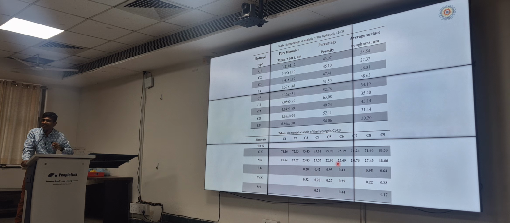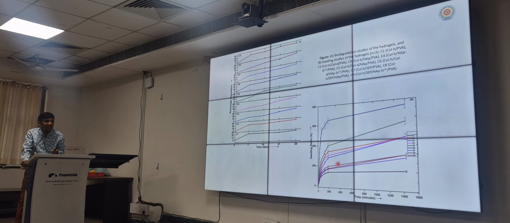Based on all this, we can shortlist only a few sample groups to proceed further with animal cell culture or biodegradability tests. Here we can see that biodegradation can also be checked, and initially it was very fast, but later on it decreased to a very slow rate.